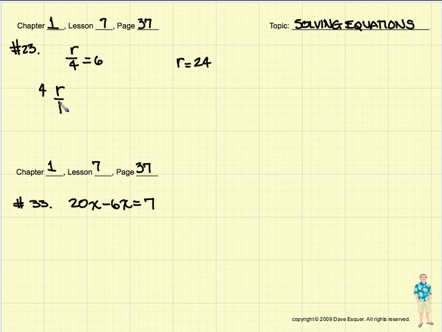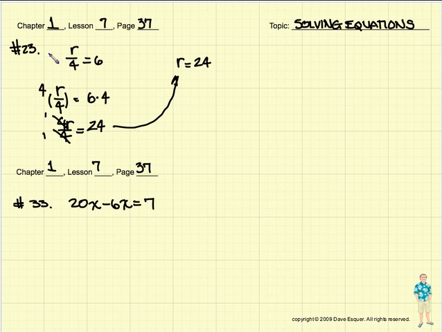So we have r over 4 times 4, and we're going to multiply this side by 4 because we multiplied this side by 4. 4 times r is 4r divided by 4 is equal to 24. 4r divided by 4, I think we can cancel out the 4, so this is 1 over 1. We end up with our equation, r is equal to 24.